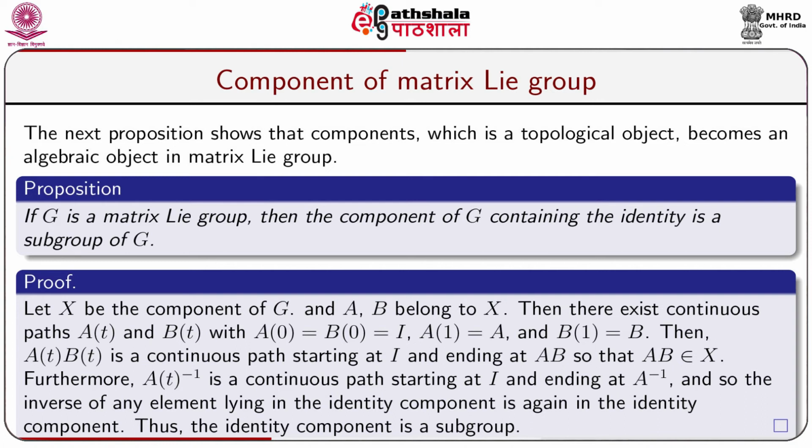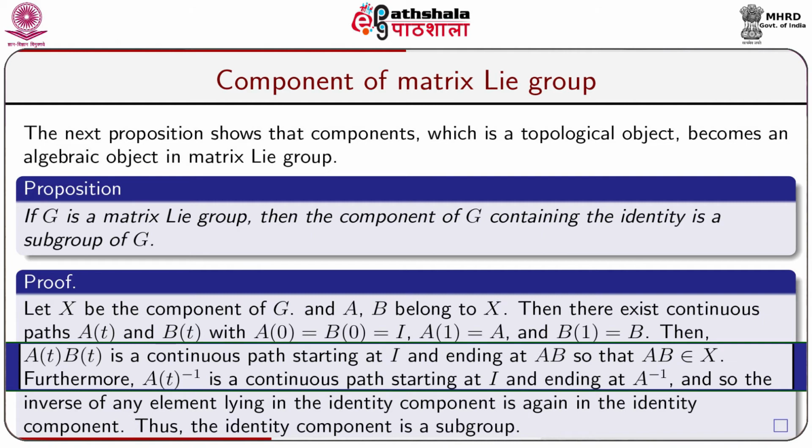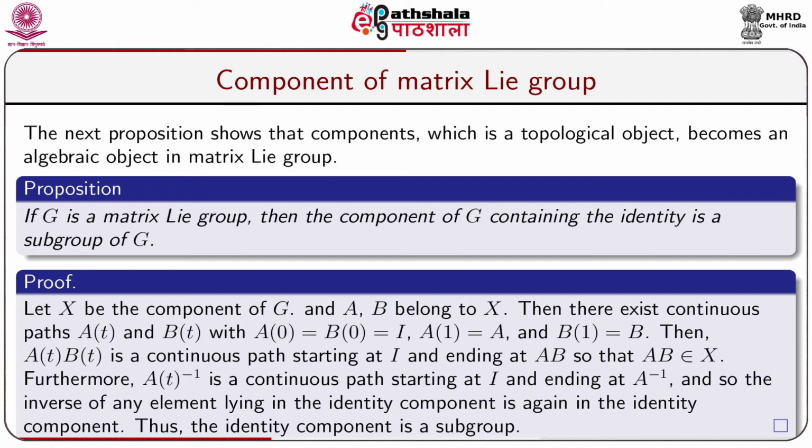Now since A(t) and B(t) start at the identity, we have that A(0) is equal to B(0) is equal to the identity, and since A and B are the endpoints of A(t) and B(t), we have that A(1) is equal to capital A and B(1) is equal to capital B. Therefore, we have that A(t) times B(t) is again a continuous function from the unit interval to the component, which starts at the identity and ends at the matrix AB.